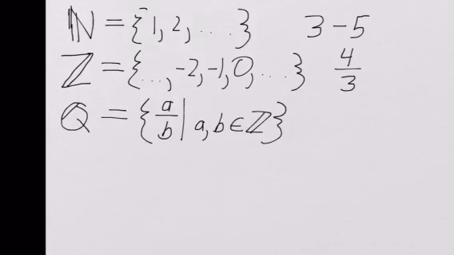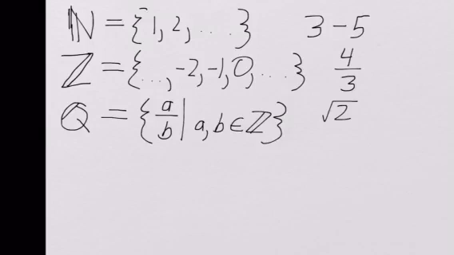And we also have the caveat that B can't equal 0. So this helped us with a lot of things, but there's certain things that we can't do, and really here there's two things. Number one, we can't find the square root of 2.